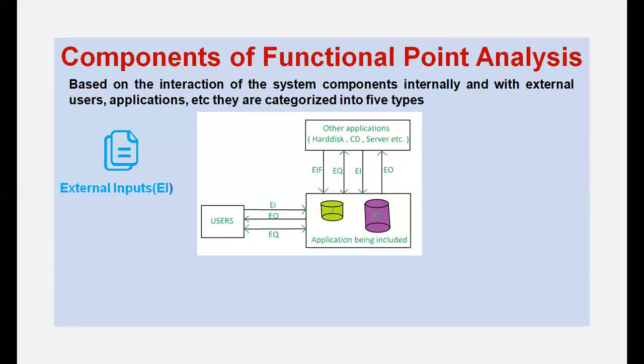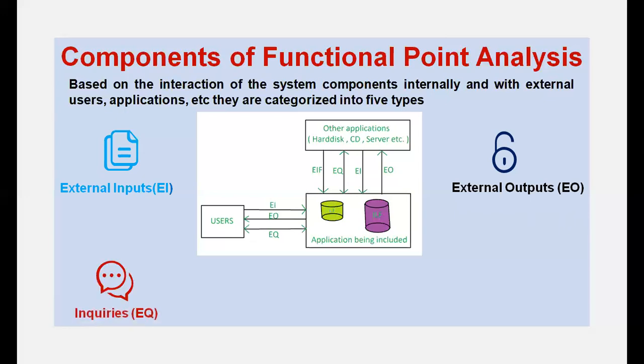And the second one is external output, EO. This is the process of sending out data to external users and systems. Here, the data might be directly grabbed from the database files, or it might undergo some system level processing.